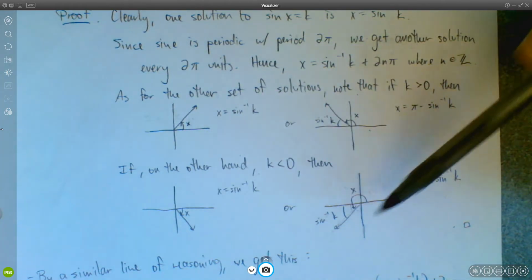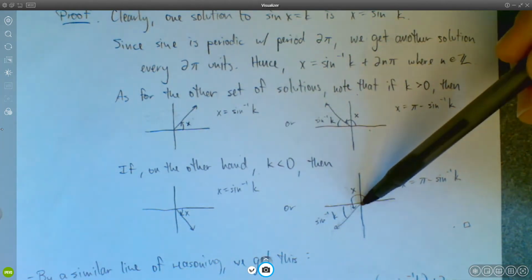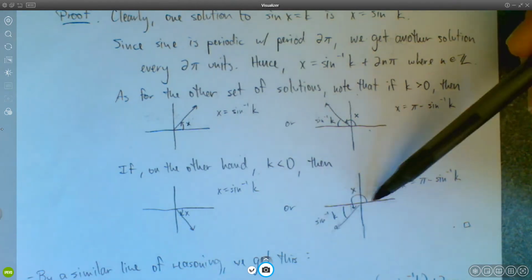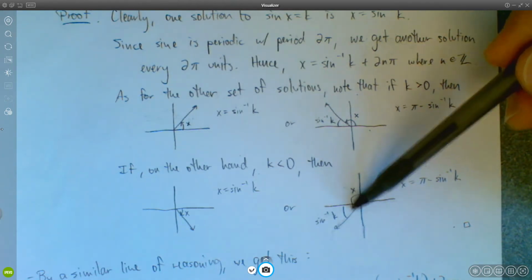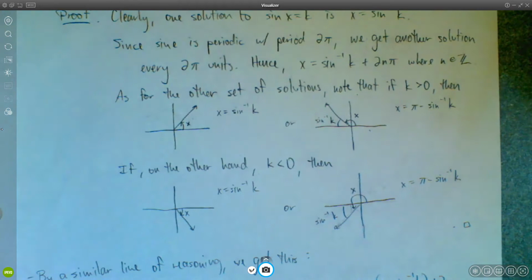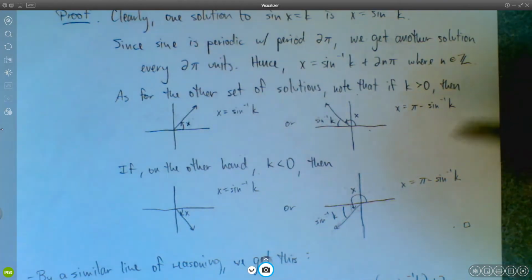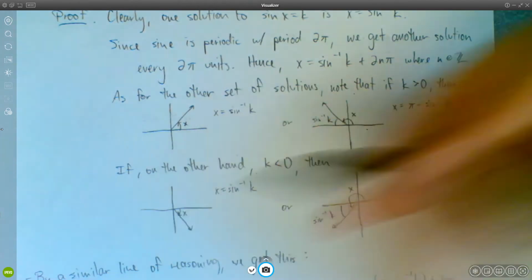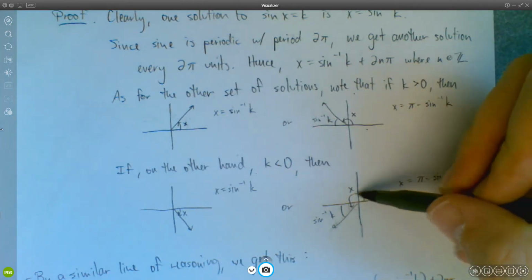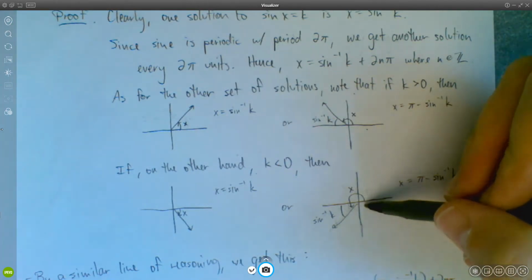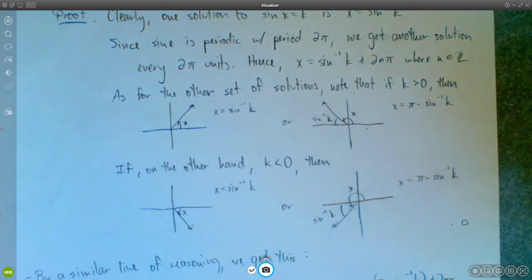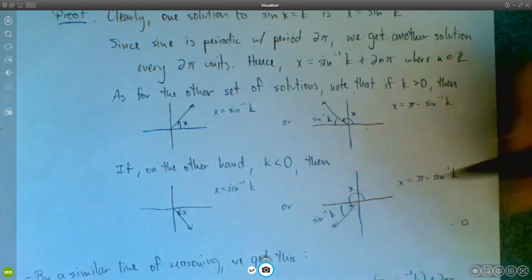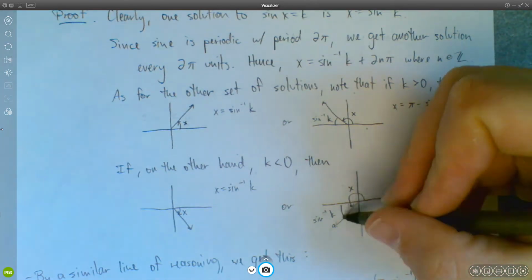The other set of solutions is going to happen if the angle x is in quadrant 3. Now, if that's the case, remember that sine inverse of k is this negative angle right here. So if you do pi minus sine inverse of k, you'd be subtracting a negative value, so you would really be adding on a little bit of a value.